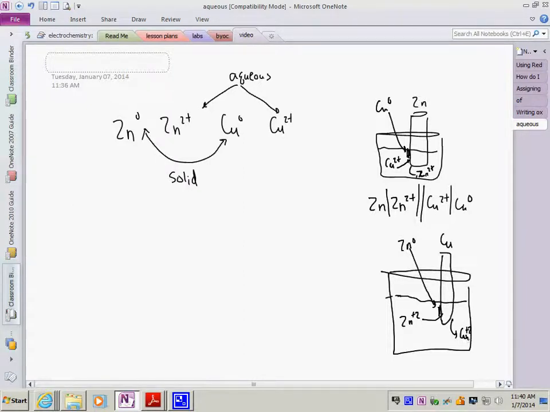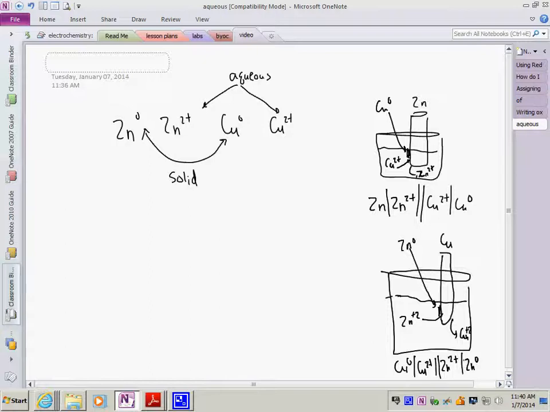I chose +2 because it's the most common copper ion to form. Copper +1 could happen as well. This would be represented by copper metal going to copper 2+, and then zinc 2+ going to zinc metal.